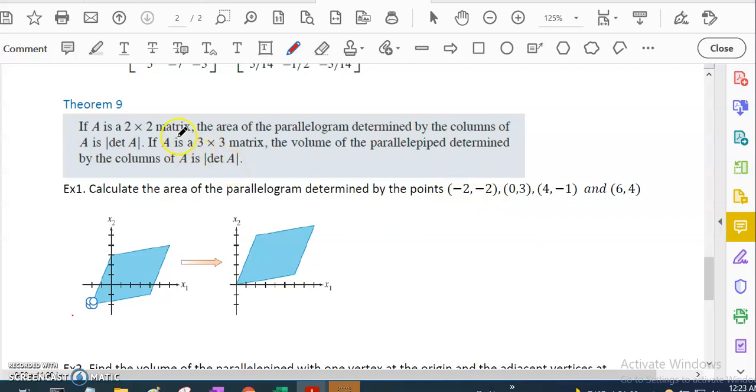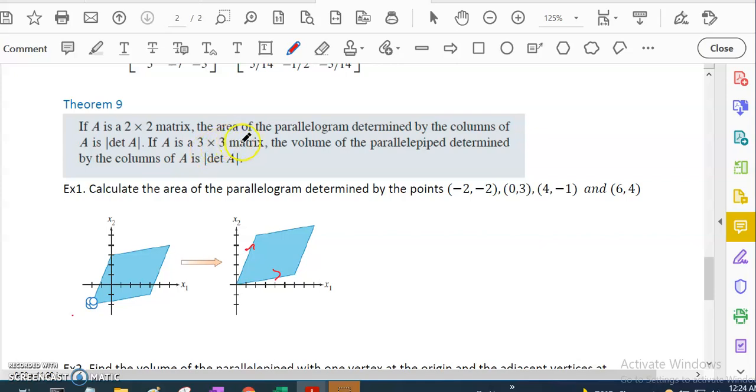The theorem says that if we move the vertices so that one vertex is at 0 0, the area stays the same, and then we can use the determinant of the two vectors at the two sides from 0 0, and the determinant will determine the area. Okay, so let's just do an example.